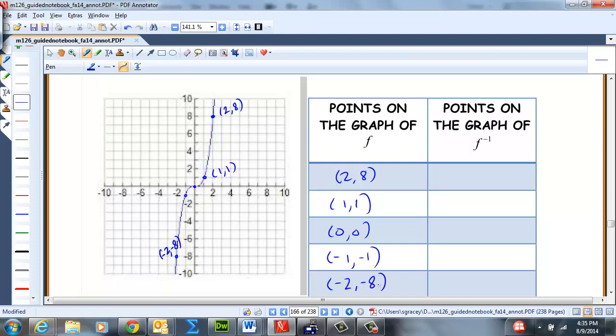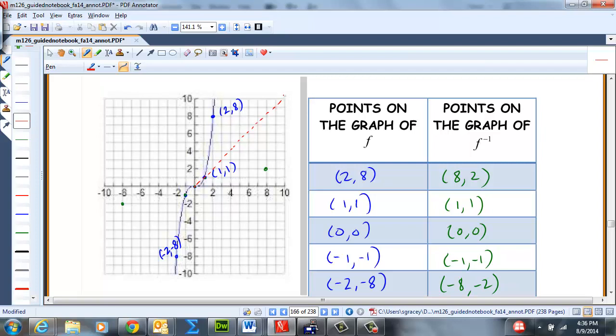So, points on the graph of f inverse. Well, if 2, 8 is on the graph of f, 8, 2 is on the graph of f inverse. Now, when you switch these, you'll get the same. And the next two, so easy it's hard, right? And the last one, we'll flip them and get the point -8, -2. So, if you take a look, this is the line the graph reflects across.